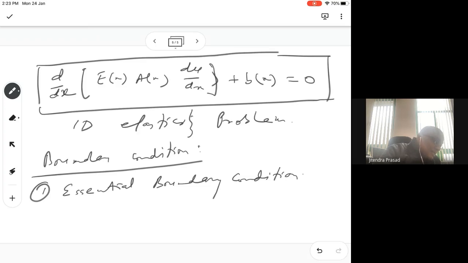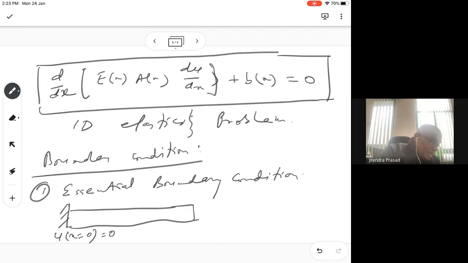In this, for example, if you fix the left end of the bar, you write u at x equal to 0 equals 0. The essential boundary condition applies to the variable itself, so it applies to u itself.